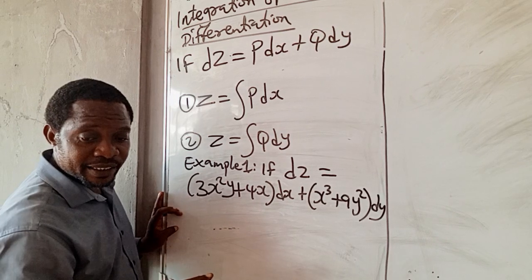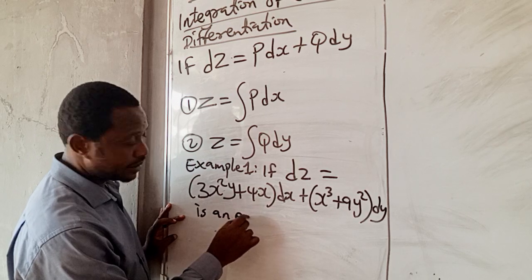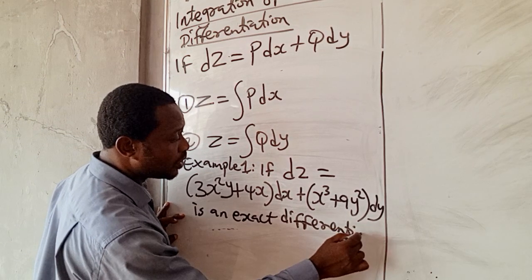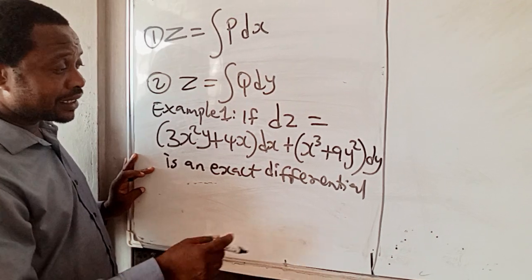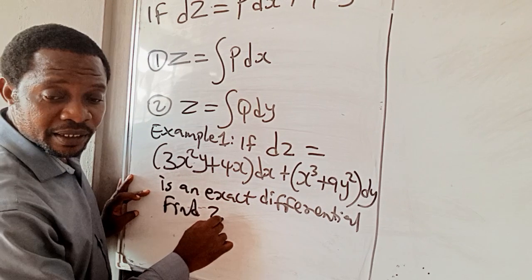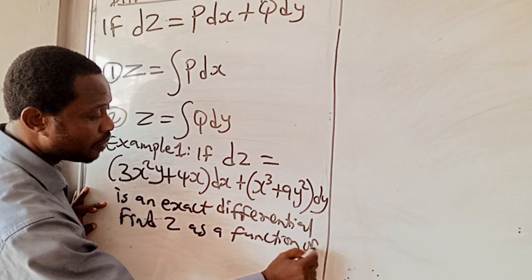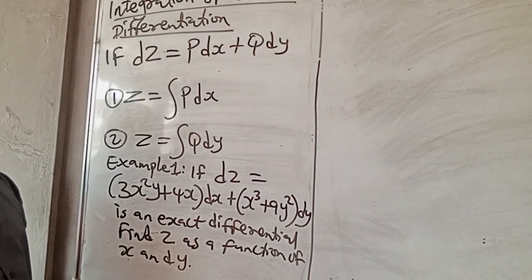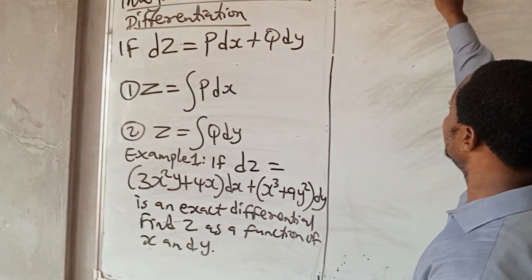Maybe they have tested it and they say that it is an exact differential. But if they have not tested it, you are the one that will test. So when you test and find out that it's an exact differential equation and you are asked to find the value of z as a function of x and y, how will you do that? So we are going to now write the solution.